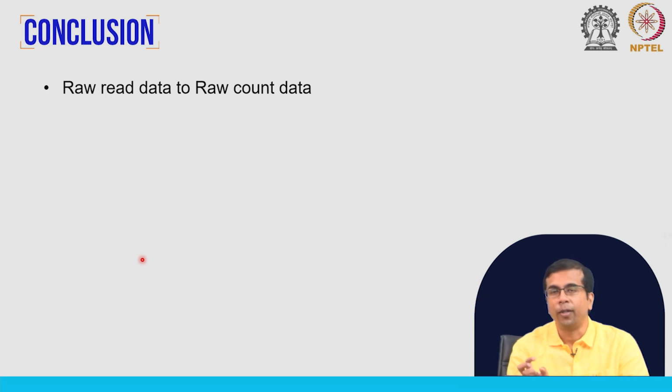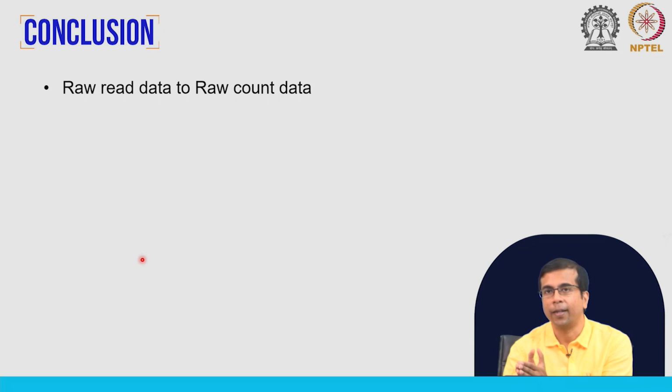Of course, you cannot take this count data immediately as the expression level, because there are a lot of biases in the data that we need to account for before we can actually compare expression levels. So, we will talk about these biases in the next class, and you will understand how we go from the raw count data to the actual expression level.